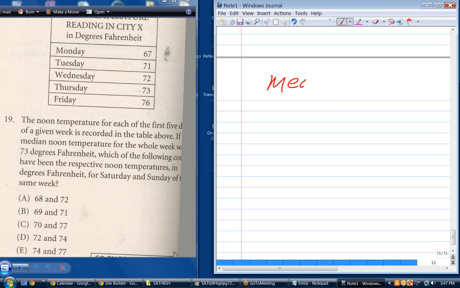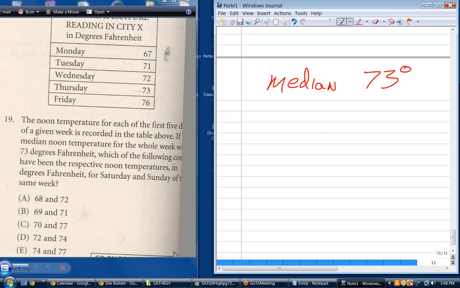The median temperature for the whole week is 73 degrees. So 67 plus 71 plus 72 plus 73 plus 76. Not mean, median. I don't know the difference between those.